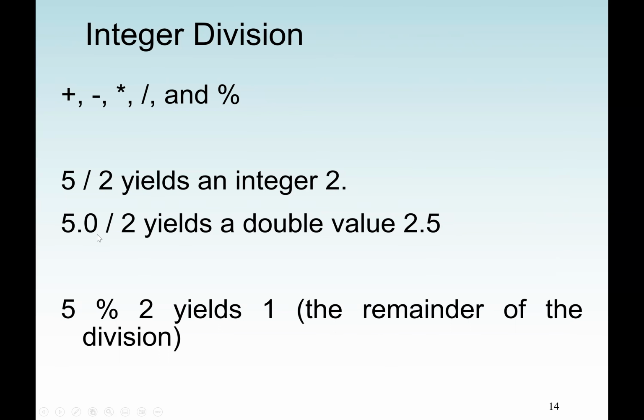So if one of the values is a decimal value, or both of them are decimal, then you will get the decimal part. Also, 5 modulus 2, or remainder 2, the answer will be 1, because if I divide 5 by 2, the answer is 2, remainder 1. The percent is called the remainder operator or modulus operator. It only gives you the remainder of two values when you divide.